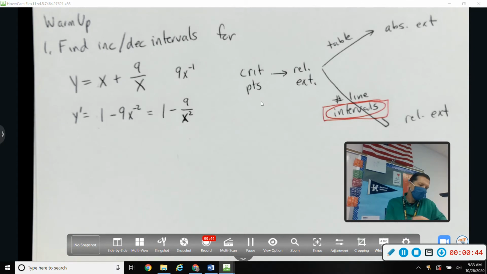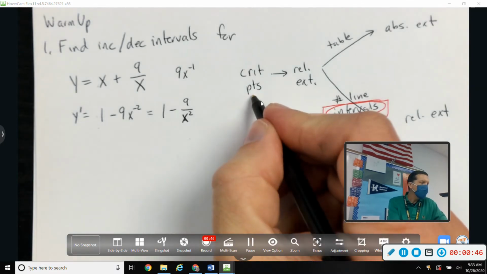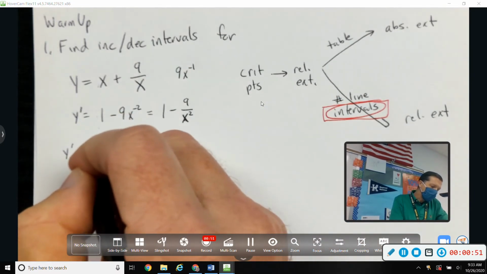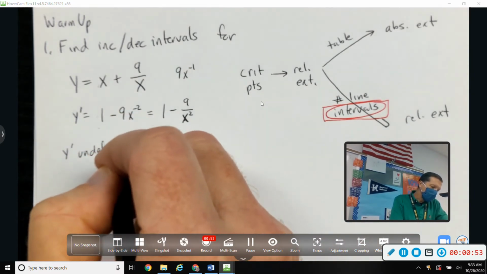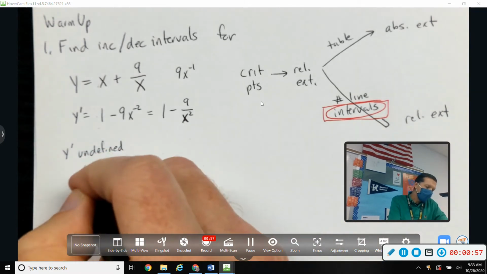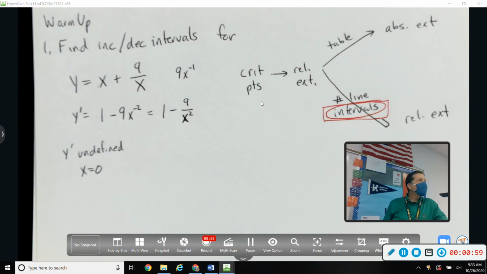Let's see, critical points are where f prime is 0 or undefined. I'll do the undefined first because that's the easy one, at least for this problem. If x is 0, I've got a problem. So x equals 0 is one of my critical points because y prime is undefined there.